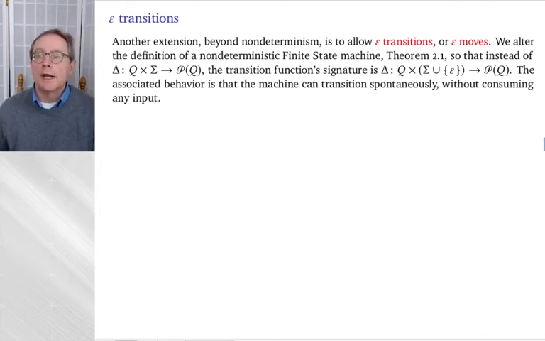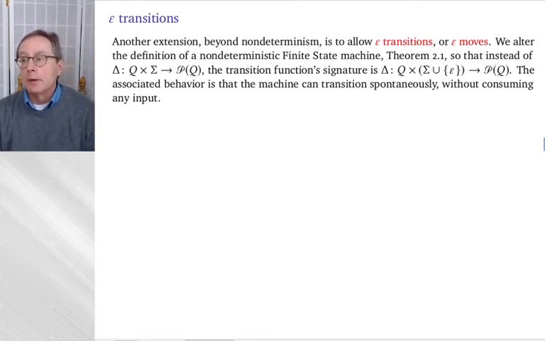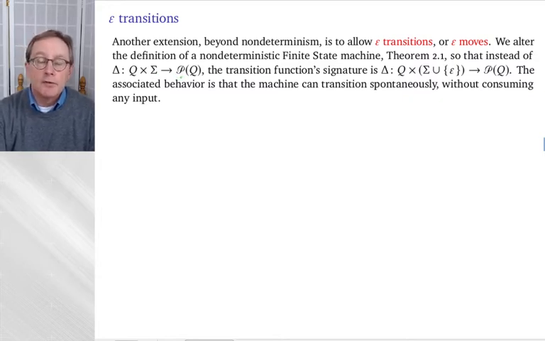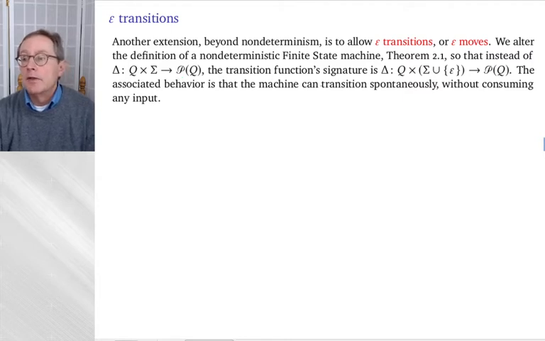Okay, one more thing we're going to introduce with non-deterministic machines, and that is called epsilon transitions or epsilon moves. So we'll alter the definition of a non-deterministic finite state machine so that instead of taking Q cross sigma as input and giving things from the power set as output, the machines are now allowed to take characters that include this epsilon.